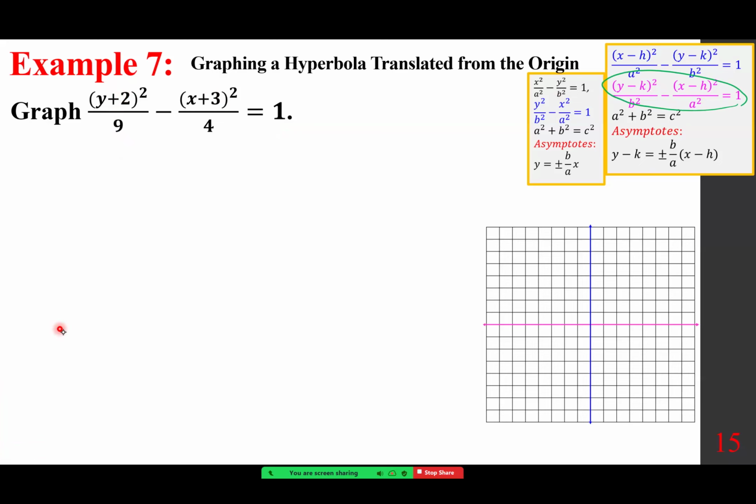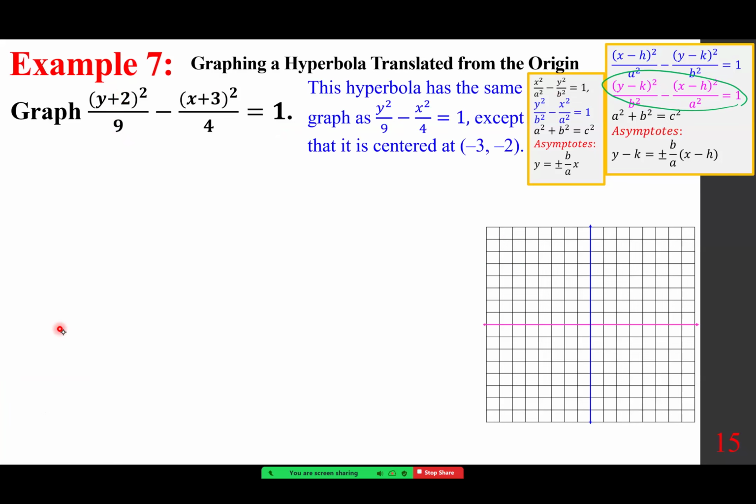So we have 3 pieces of information: the center, a squared, and b squared. This hyperbola has the same graph as y squared over 9 minus x squared over 4 equals 1, except that it is centered at -3, -2. So if you graph this one and shift it by this much, you get the same thing.